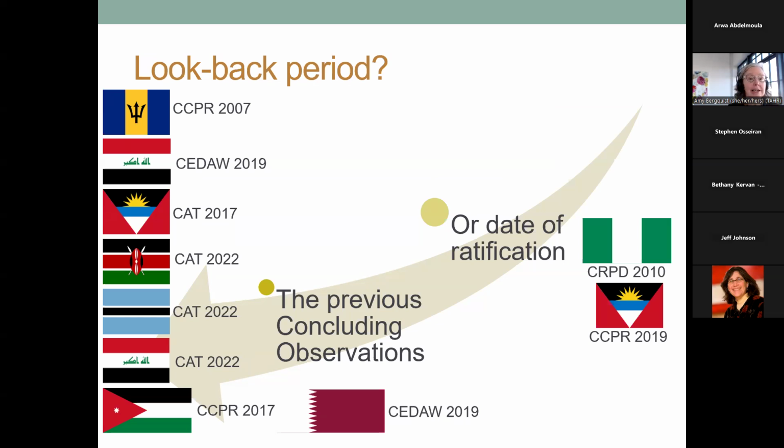So we just look back to the date of ratification. For Antigua and Barbuda, again, just ratified the Covenant on Civil and Political Rights in 2019, so that's the look back period. For all of the other countries listed on the left-hand side, those are the dates of the previous concluding observations that they had for their respective treaty bodies, so that's going to be the relevant look back period for your particular country.